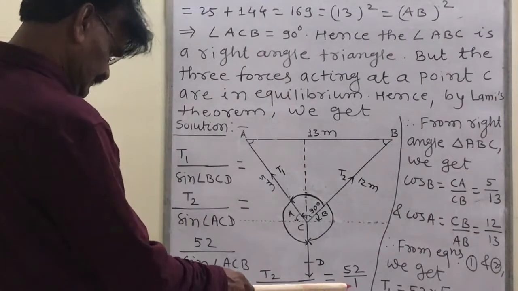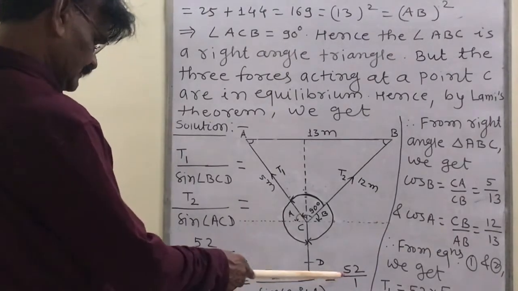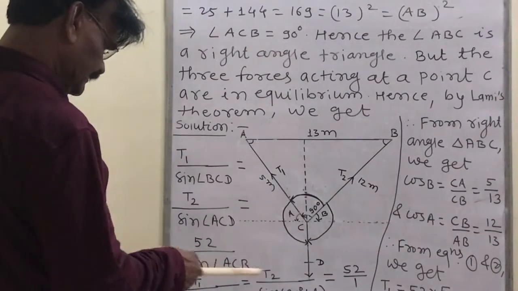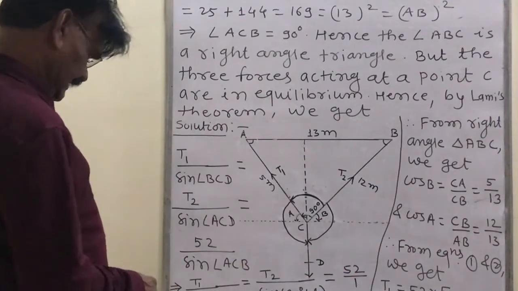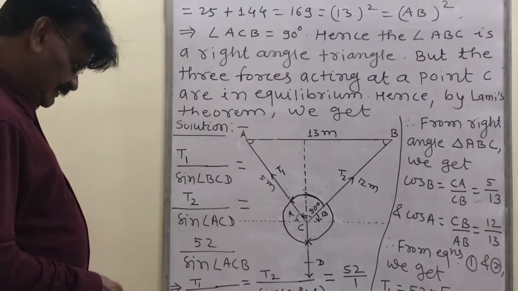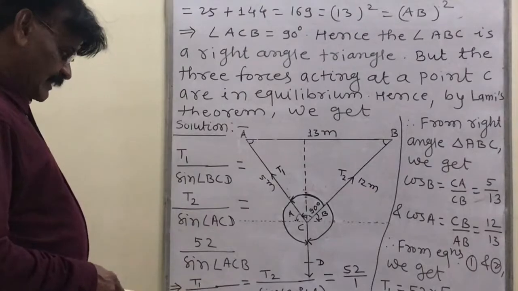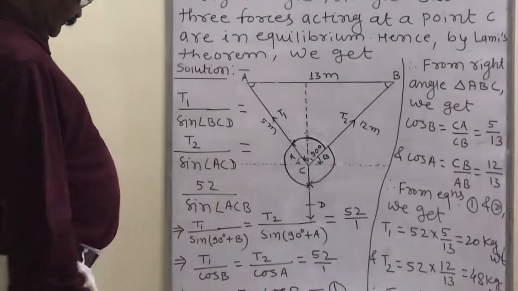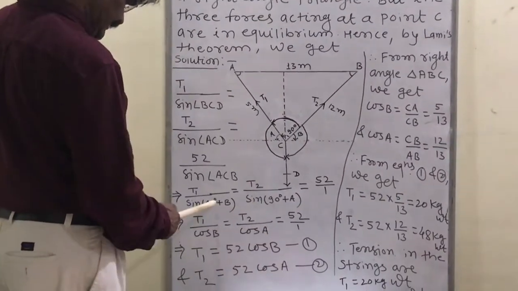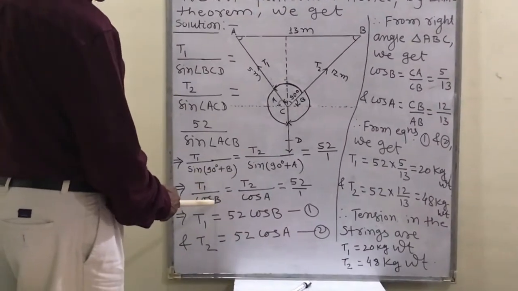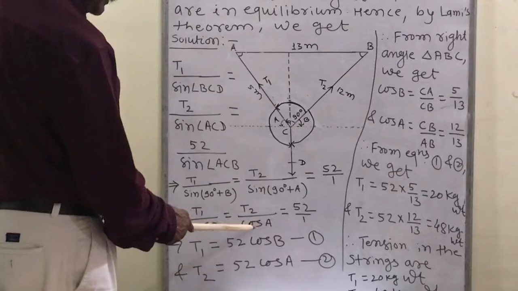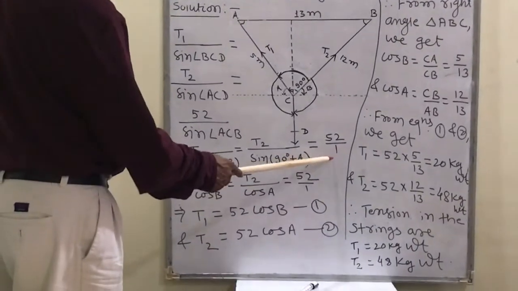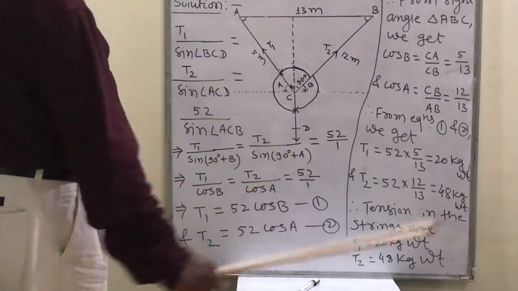So sine 90 degree means 1, and sine 90 degree plus B means cos B. Sine pi by 2 plus theta is cos theta. Here cos A, here cos B. T1 upon cos B is equal to T2 upon cos A, which is equal to 52 upon sine 90, means 1.